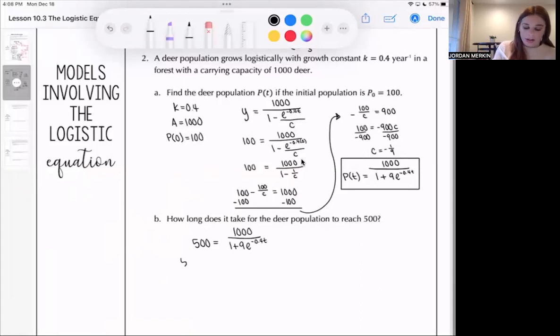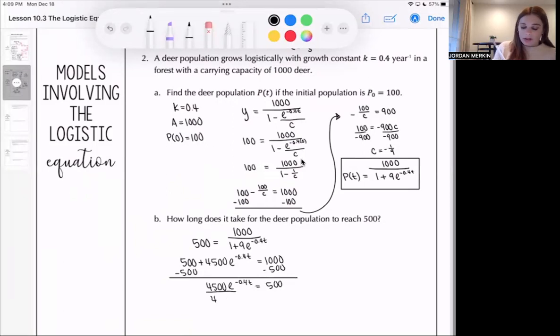We get 500 plus 4,500 e to the negative 0.4t is equal to 1,000 minus 500. We end up with 4,500 e to the negative 0.4t is equal to 500.